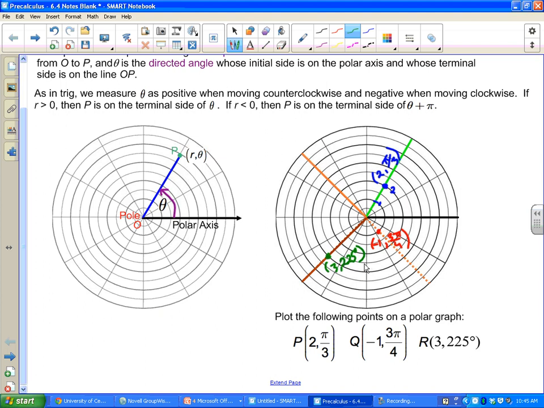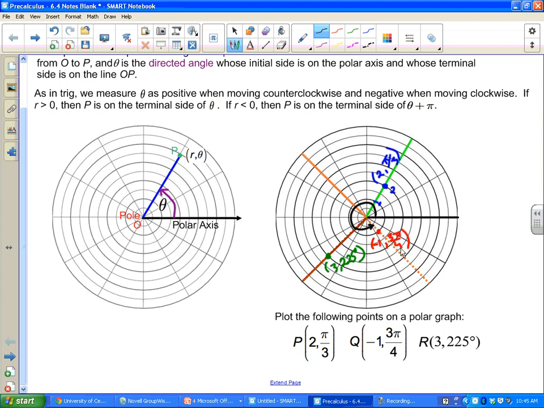Now, if they give you a point, there's only one place on this circle that that point can be. But if I think about the point negative 1 comma 3 pi over 4, couldn't I have written that same point if I started at 0 and went around my circle to this line?